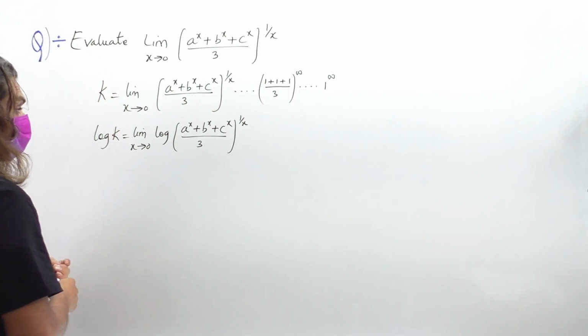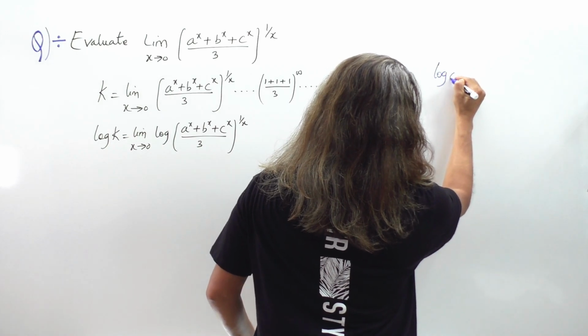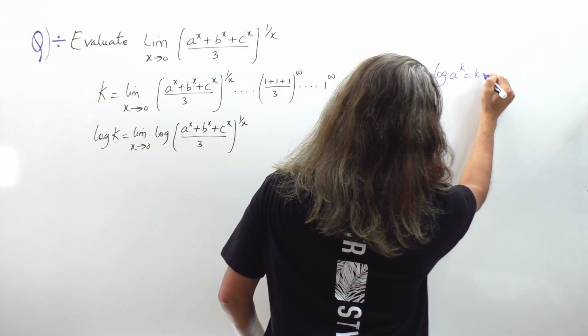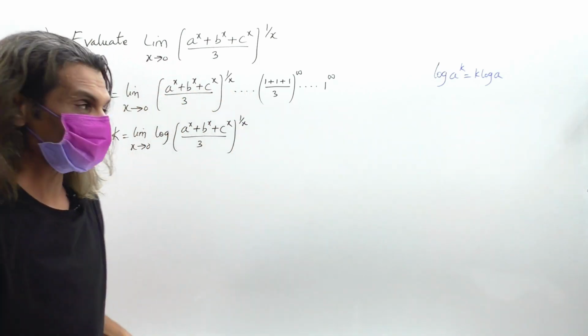Okay, fine. So, if you want, I write it here again: log of a raised to k equals k log a. I will keep on repeating it so that it fits in.